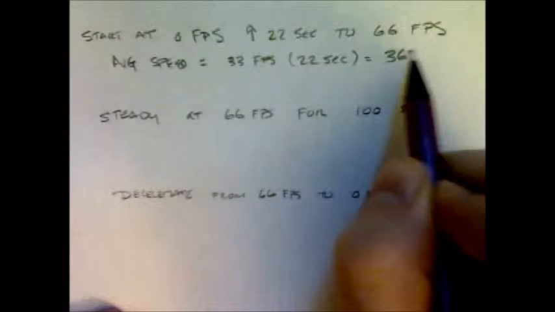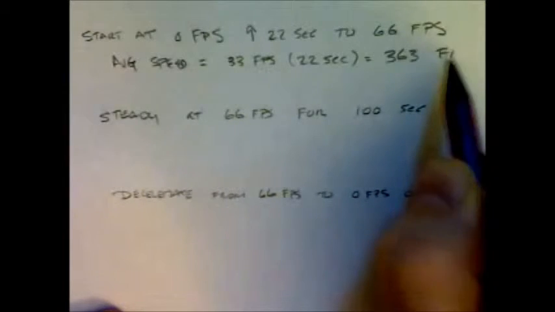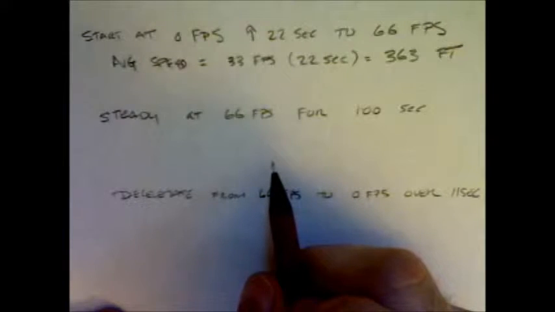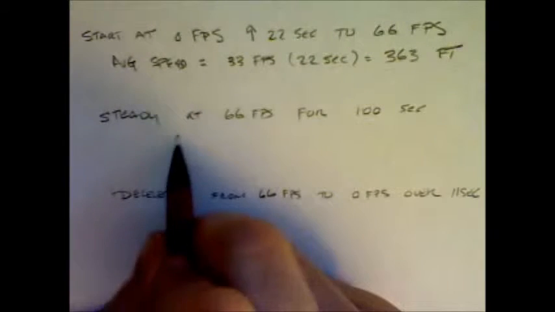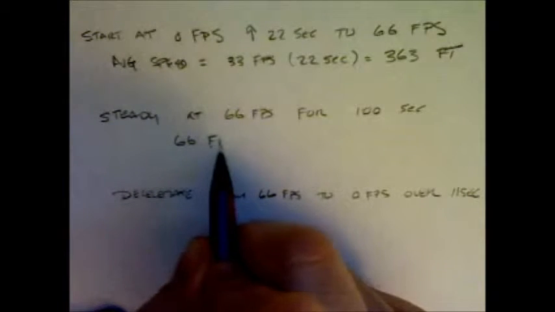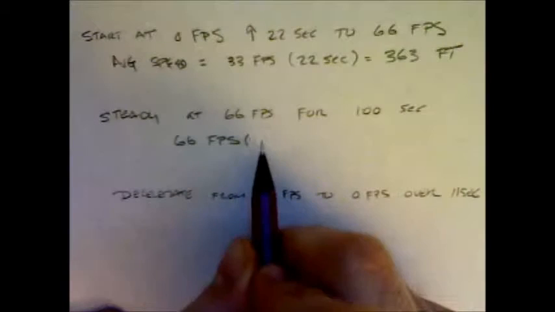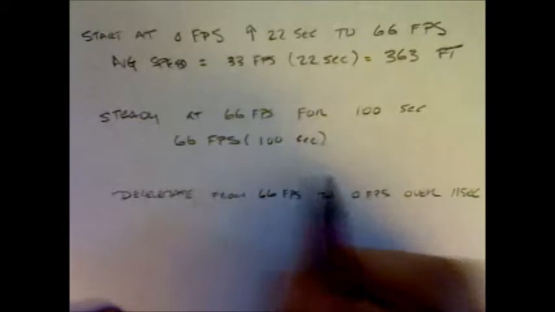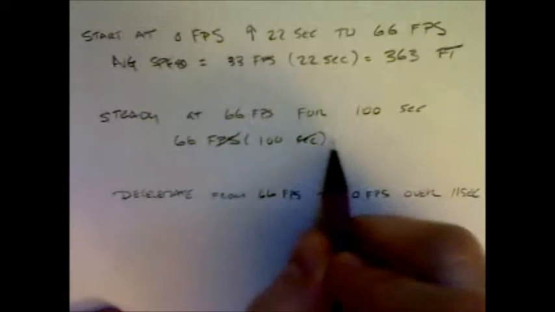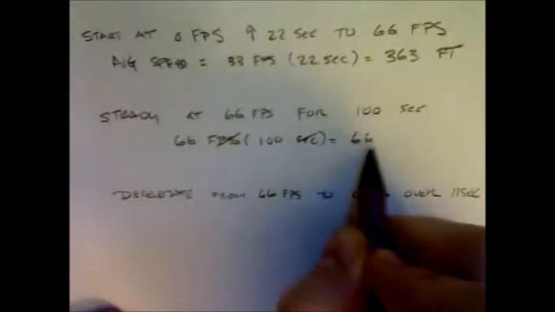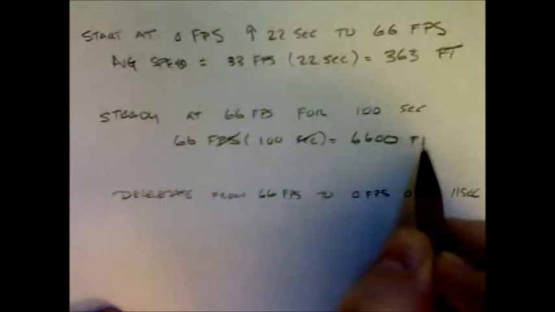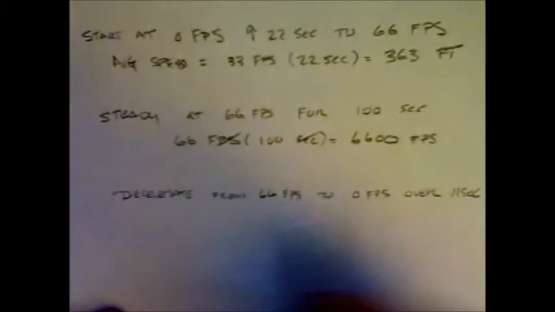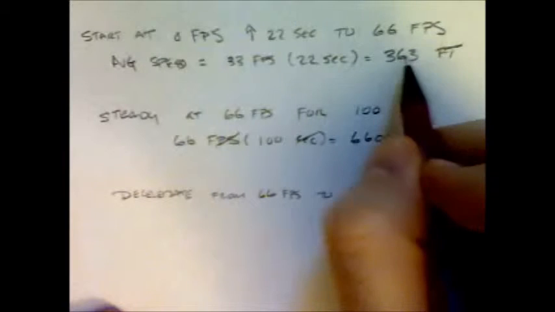And that's going to equal 363 feet. Alright. Next, I am going to be going steady, so that's going to be 66 feet per second times 100 seconds. My seconds cancel.